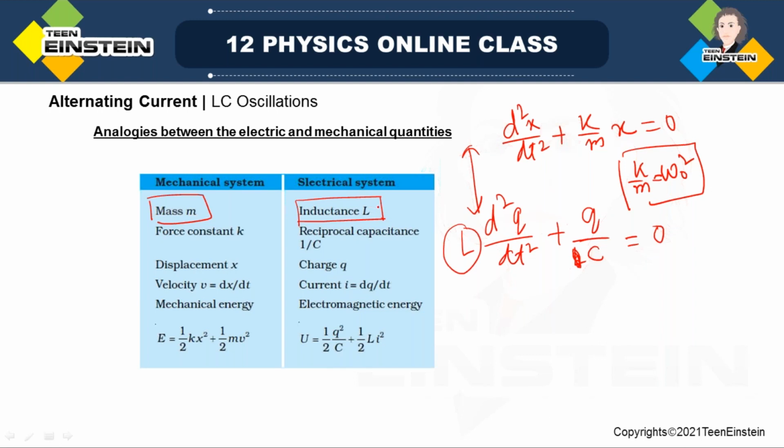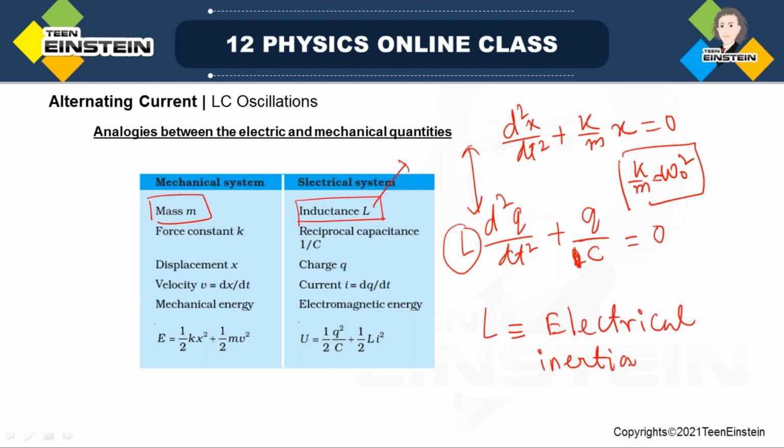So that's why this self inductance is called electrical inertia, as the mass is inertia for the mechanical system. So this is electrical inertia for the electric circuit. That means what?